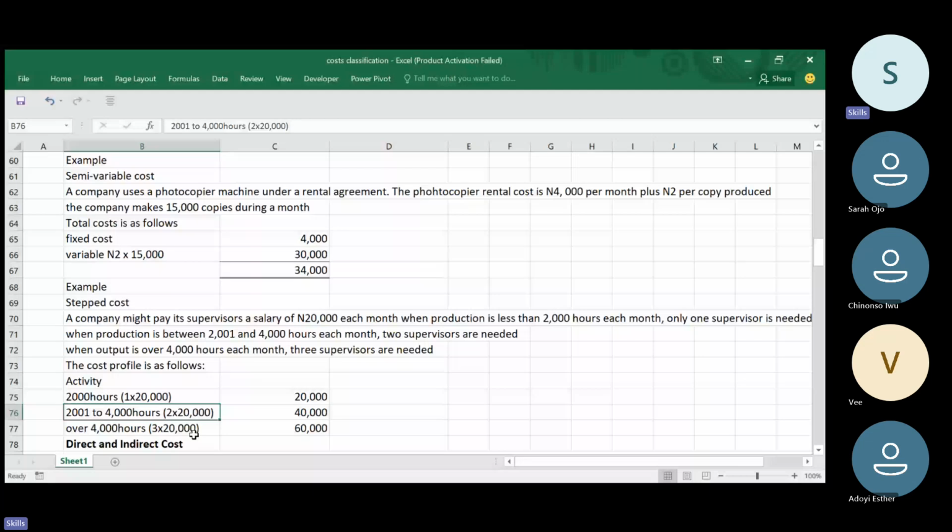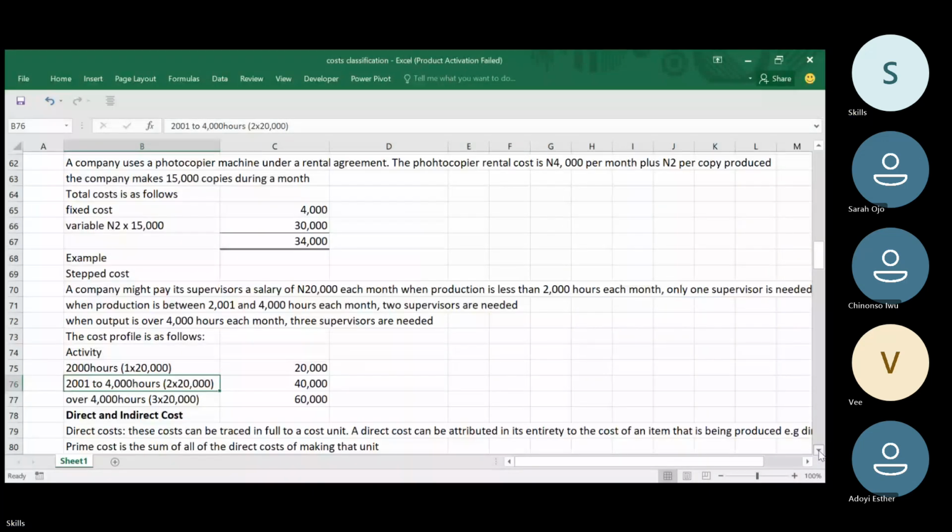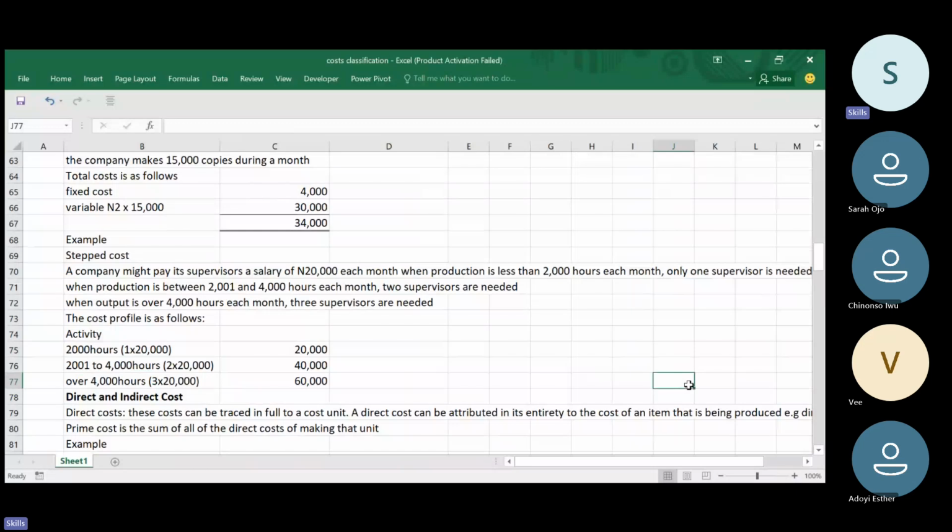That's what gives us this 60,000, the cost. So if you look at it, the step cost, the cost moved from 20,000 to 40,000 to 60,000. And if you look at the rate at which it is moving, it's adding by 20,000. That is the step.